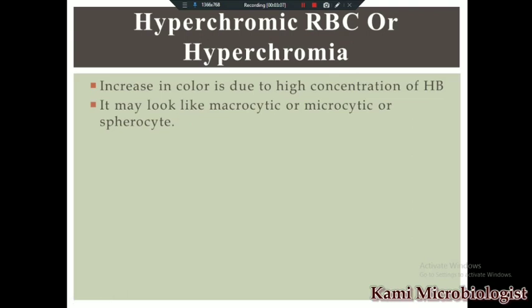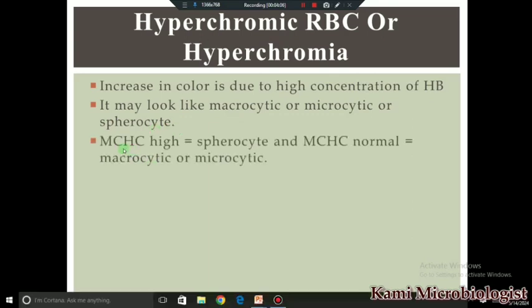Macrocytic means a large form of the RBC, micro means a small form of the RBC, and sphero means a circular form of the RBC.